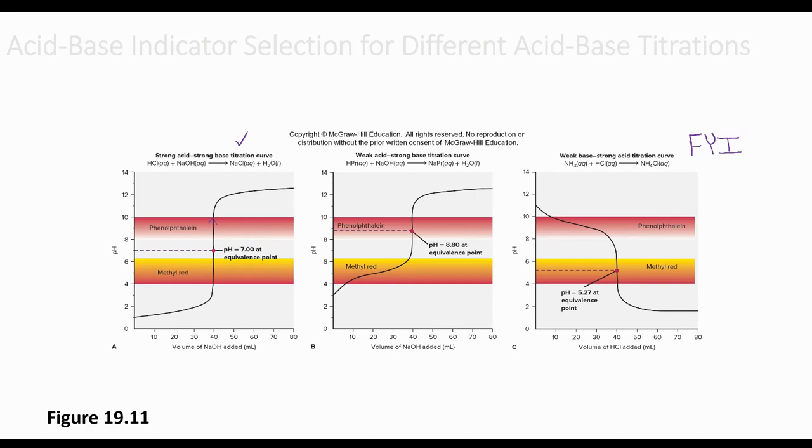Notice in a weak base, we start off with a high pH and then it drops, but you see the overall idea is still the same, that you keep adding and adding, and then you reach equivalence point. The one thing to consider on why the equivalence point is low is back to our idea of pH of salts, that ammonium ion is an acidic salt.